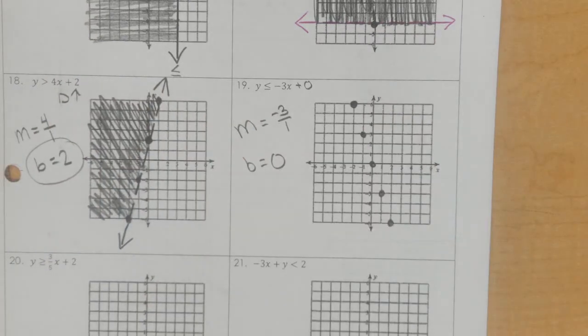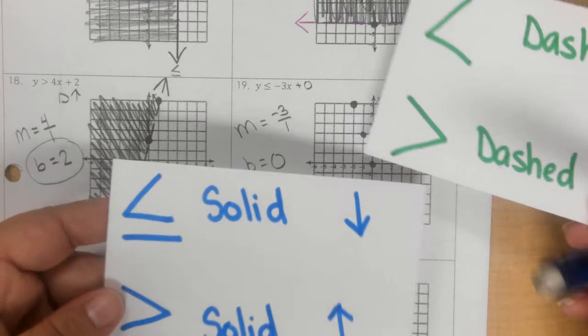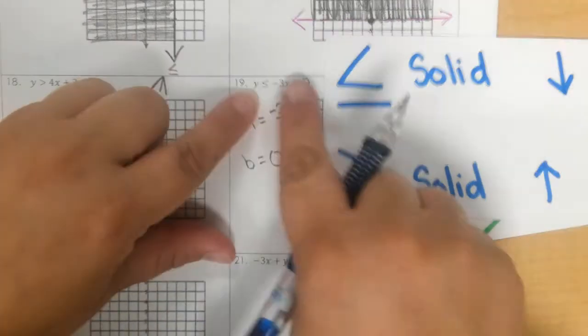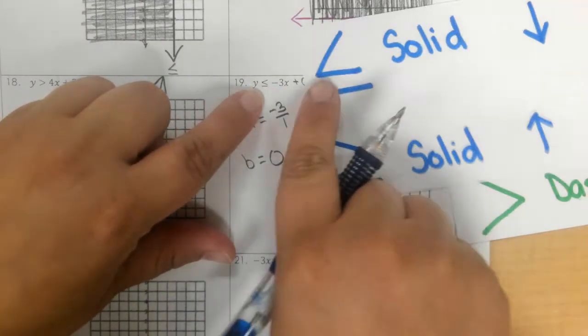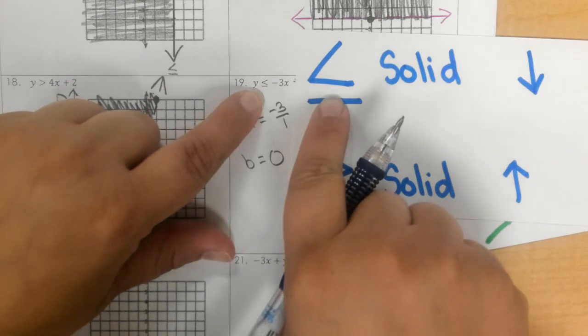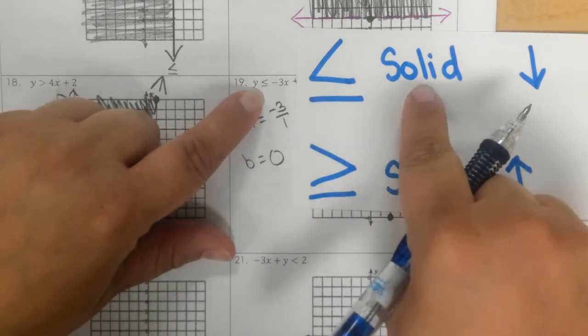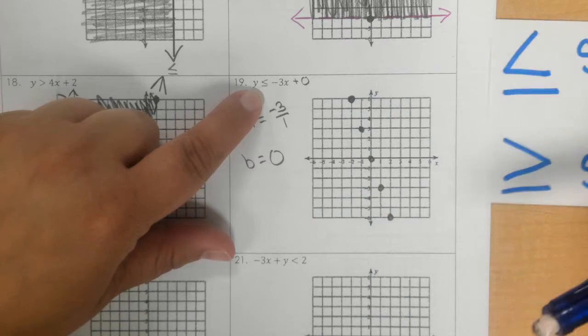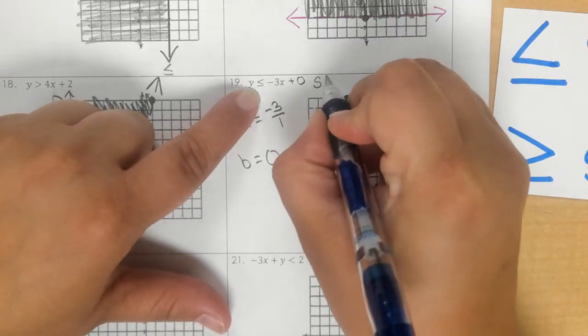And then I find my chart. So here in my chart, I compare. It looks like this inequality matches this right here. So this is less than or equal to. I have to have a solid line, and I have to shade down because it's less. So solid line, shade down.